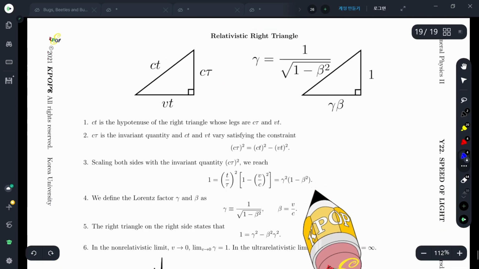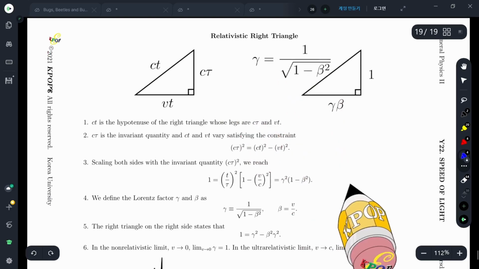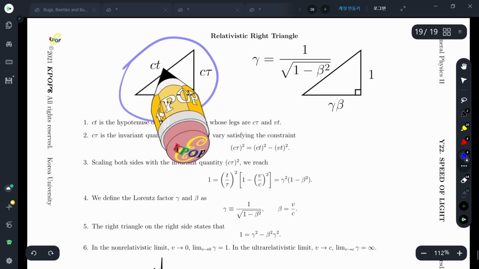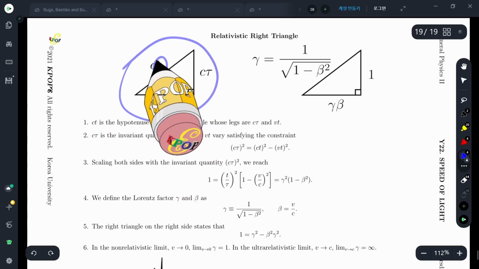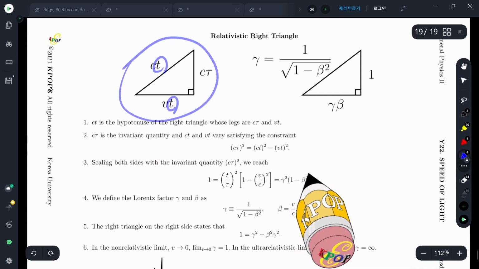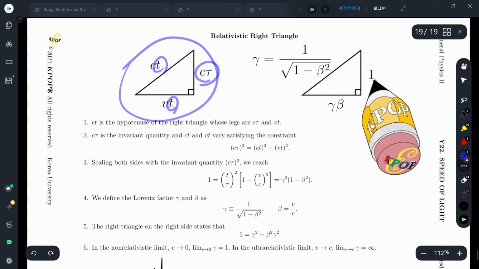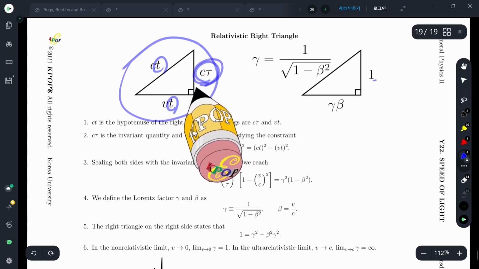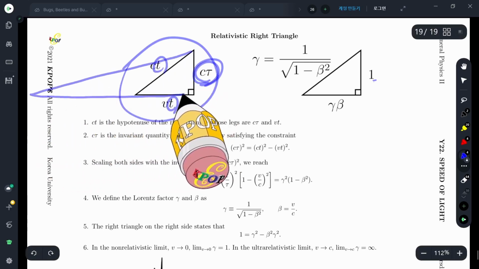This is called a relativistic right triangle. We have reached this point. Time appears in two sides, including the hypotenuse. This tau is invariant under any Lorentz transformation. So if v increases, this right triangle changes its shape in this kind of form.